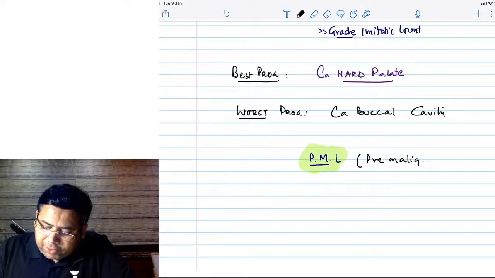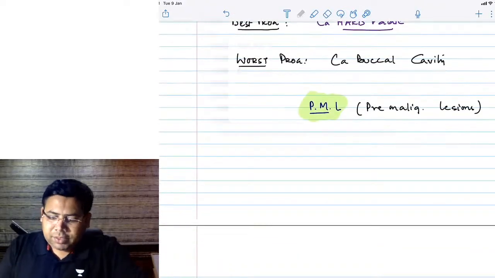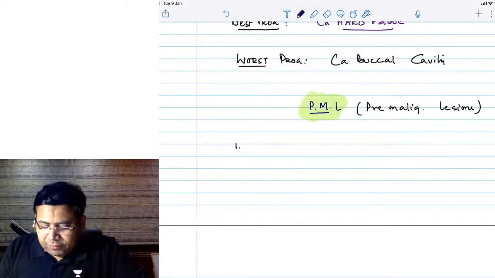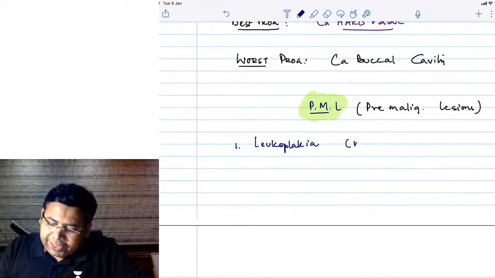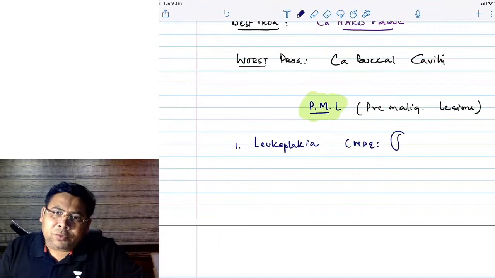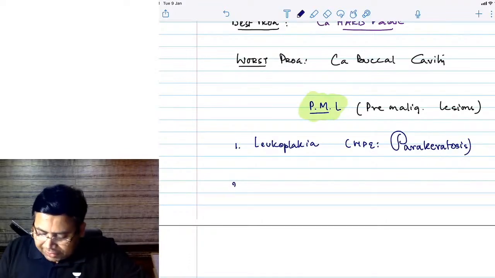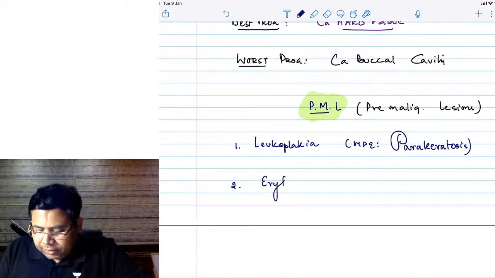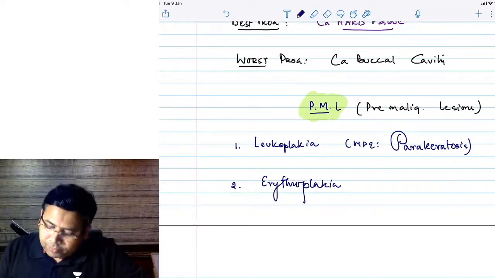When we talk about pre-malignant lesions, what are the important ones that we have, students? The first is leukoplakia. Do you know on HPE what you get to see? We get to see parakeratosis. Then second we have erythroplakia. But on HPE you get to see dyskeratosis.